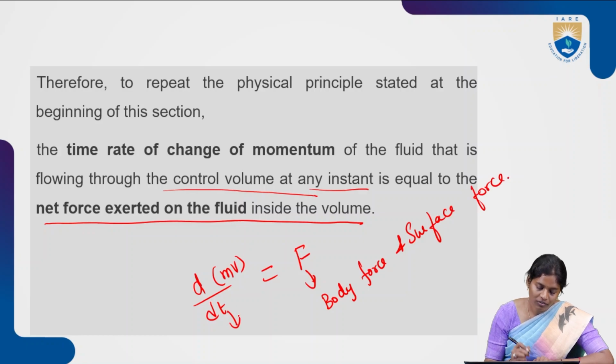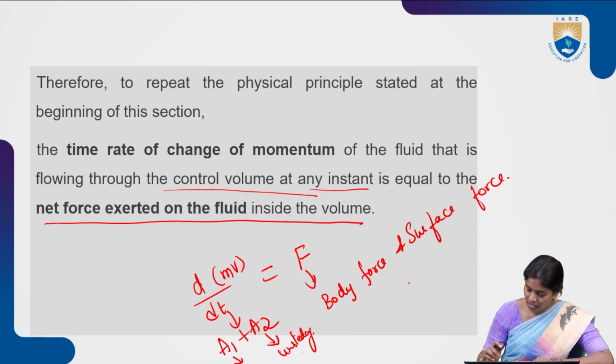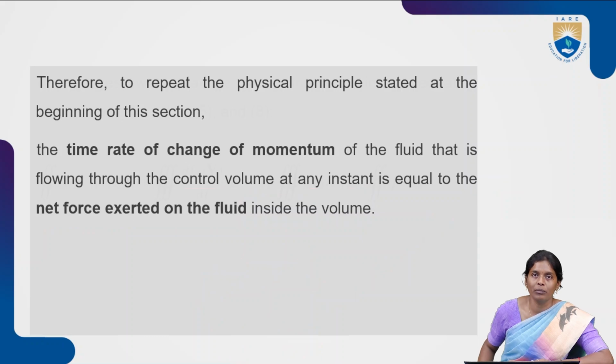Here we have represented A1 and A2. A1 is the rate of change of momentum, and A2 we represent due to unsteadiness, due to fluctuations inside the flow, where the fluid is inside the control volume which we are taking. These two give us the physical principle of the momentum equation, right?